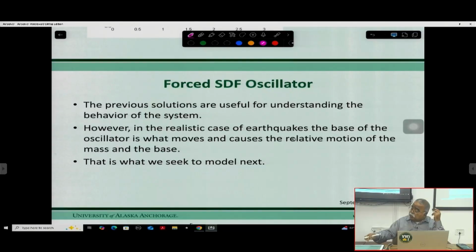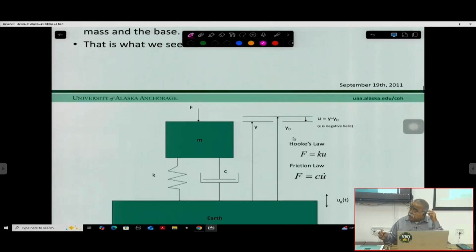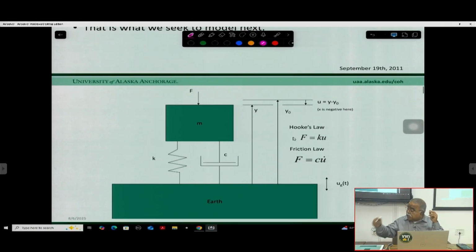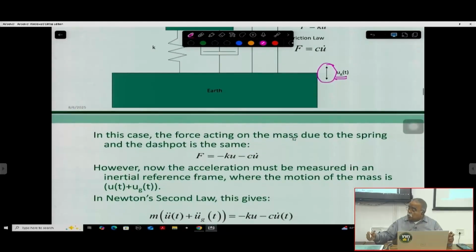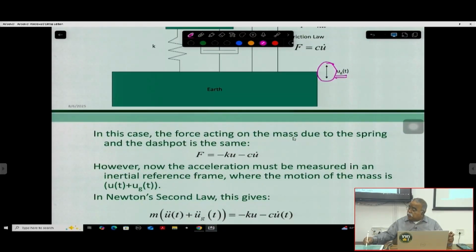Then we expect that when there is a movement of the earth, that means the earth is giving a ug(t), and as a result there is a vibration. Let us assume this is a damped system. Then what should be the equation? F will be equal to minus Ku minus Cu.